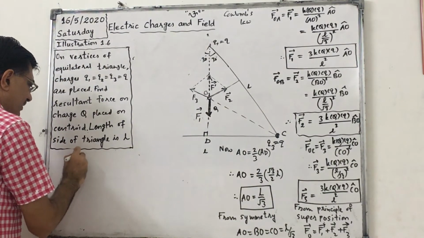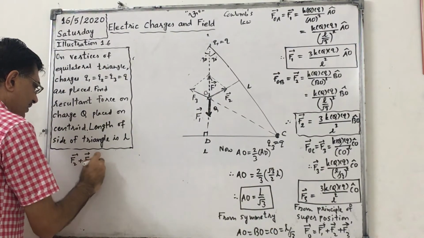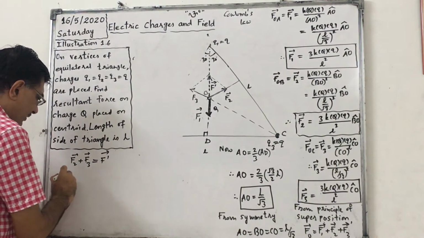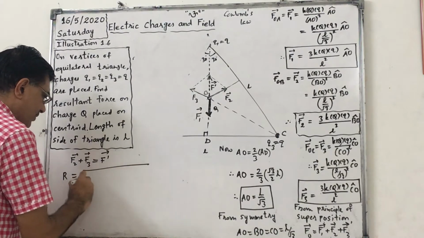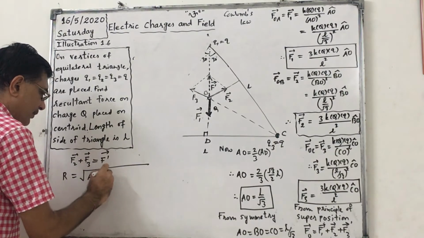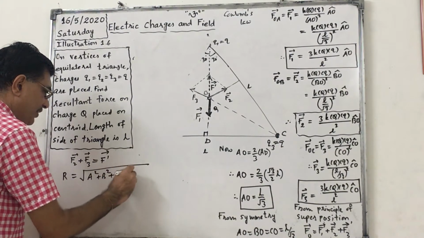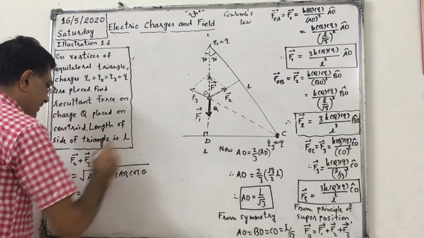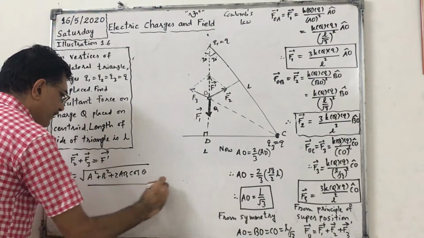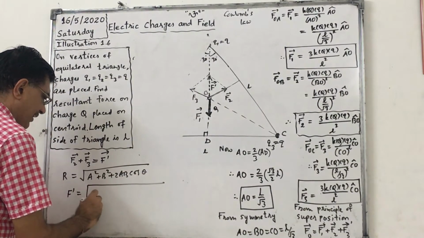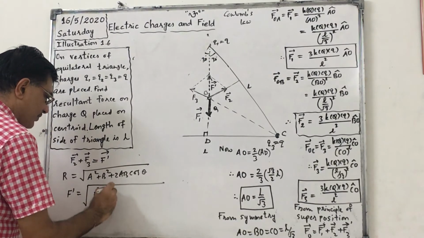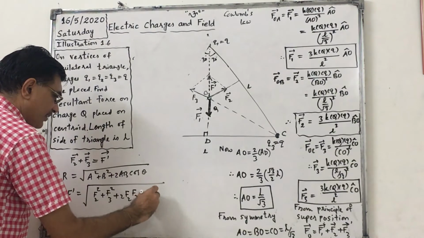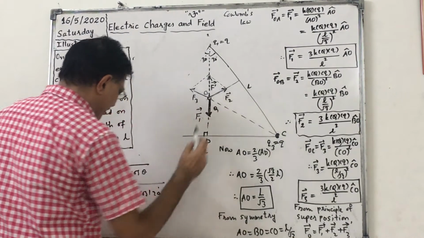So F2 plus F3 equals F dash. Now what will be its magnitude? For a resultant vector, the magnitude is the square root of A square plus B square plus 2AB cos theta. Here the resultant vector is F dash, so its magnitude F dash equals the square root of F2 square plus F3 square plus 2 F2 F3 cos 120, because the angle between these two is 120.